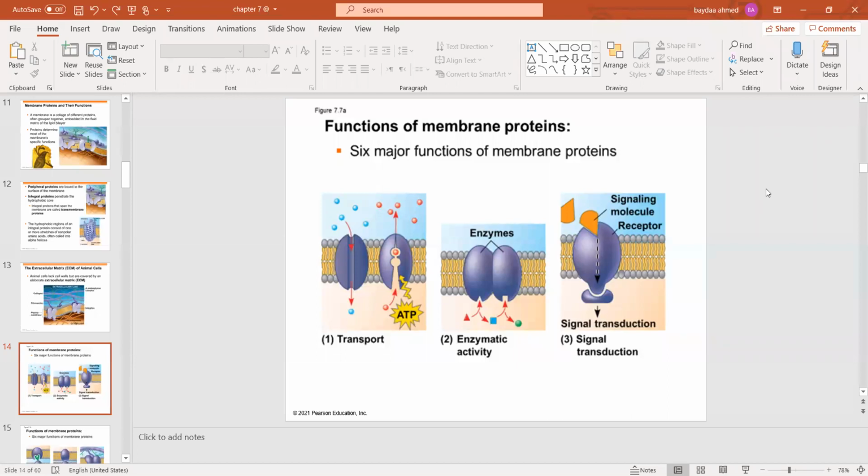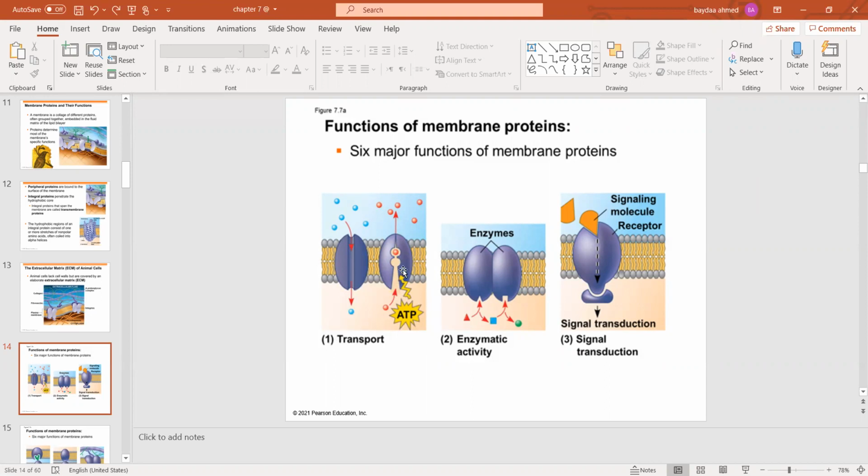There are six major functions performed by proteins of the plasma membrane. Thus, the membrane is a functional mosaic as well as a structural mosaic. Transport proteins serve as transport. On the left, a protein that spans the membrane may provide a hydrophilic channel across the membrane that is selective for particular solutes.